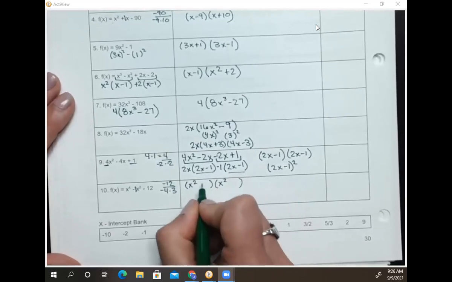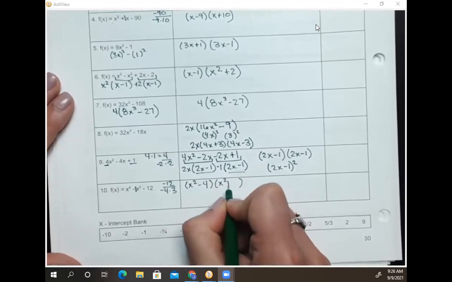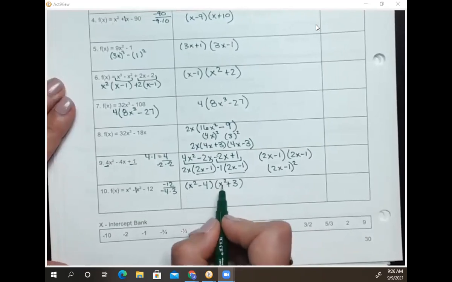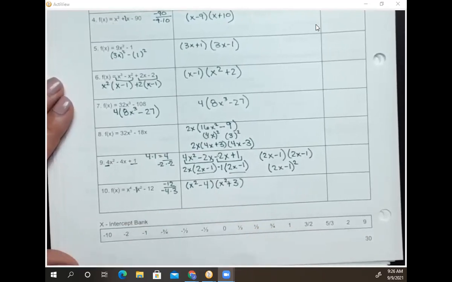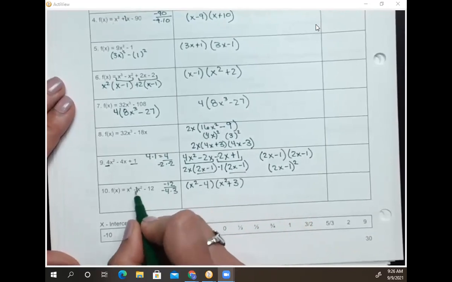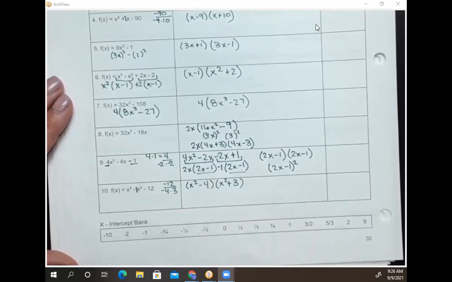So this would be x squared minus 4 times x squared plus 3. Does that make sense why I'm using x squared? Remember, when I distribute back, I should get the original problem. So I need x squared times x squared to get x to the 4th. And then my middle term would be x squared, guys, which is what I need for my middle term.